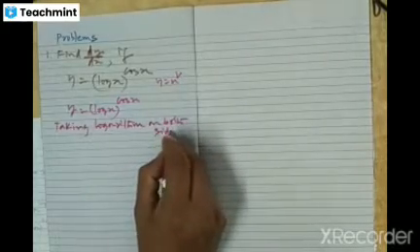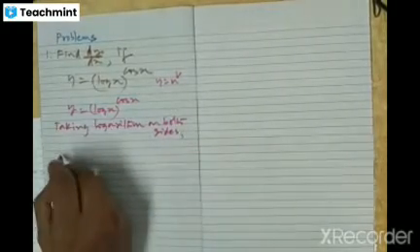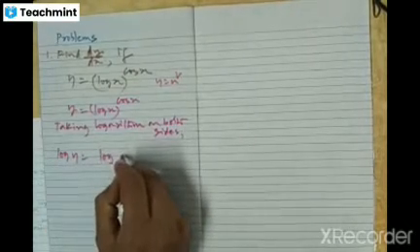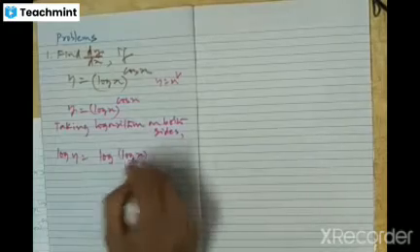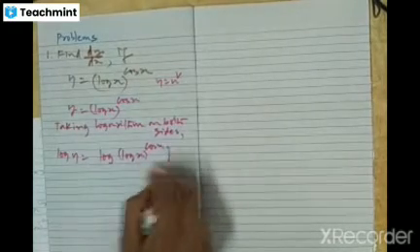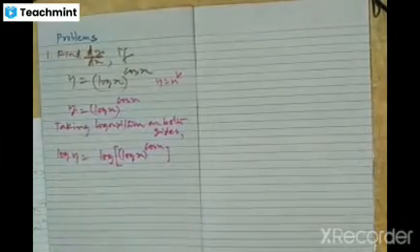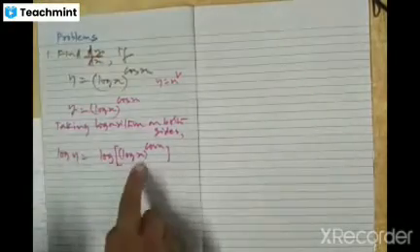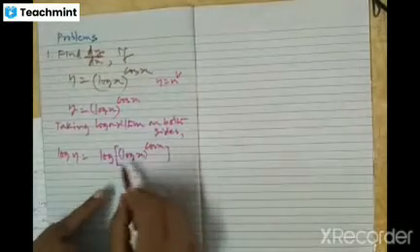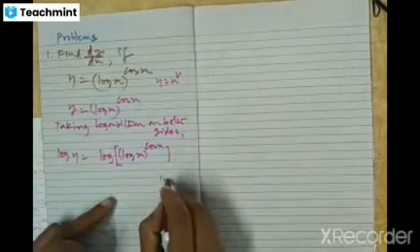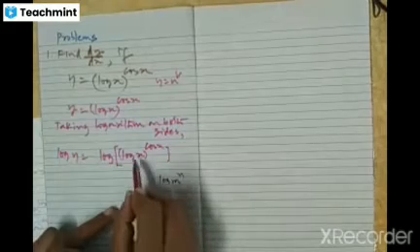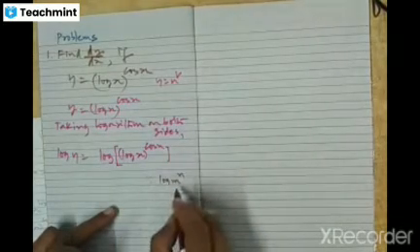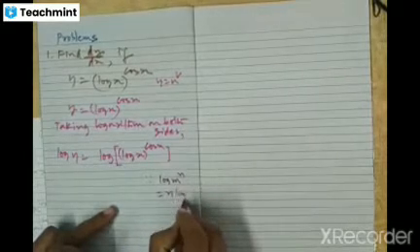On both sides, we get left side log y is equal to log of log x whole power cos x. Correct? So we shall simplify the right hand side first. Right hand side is of the form log m power n, right? So using one of the properties, log m power n is n log m, correct?